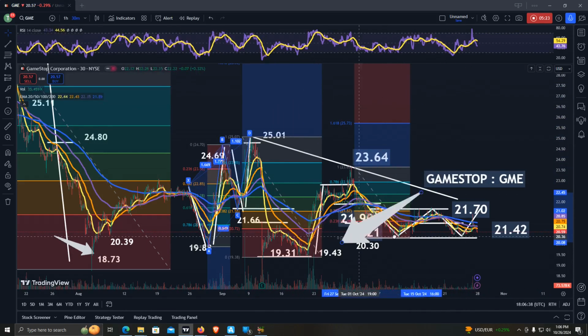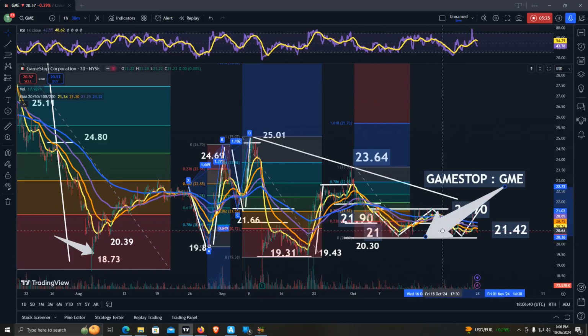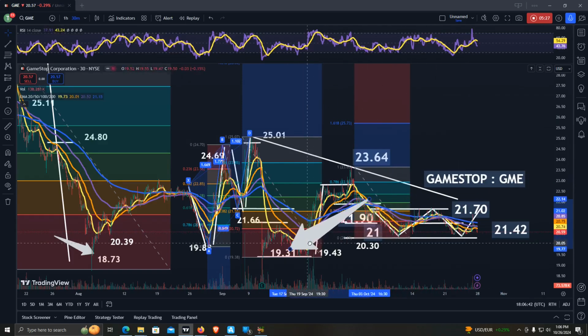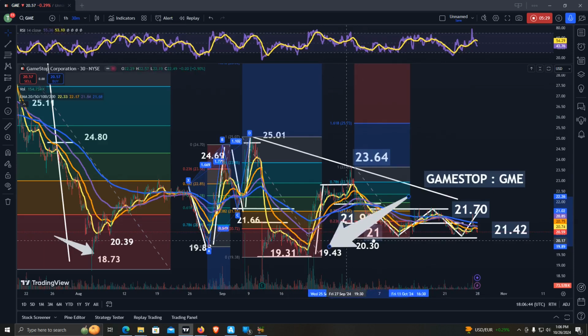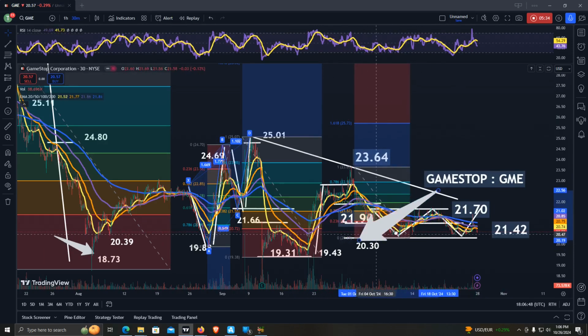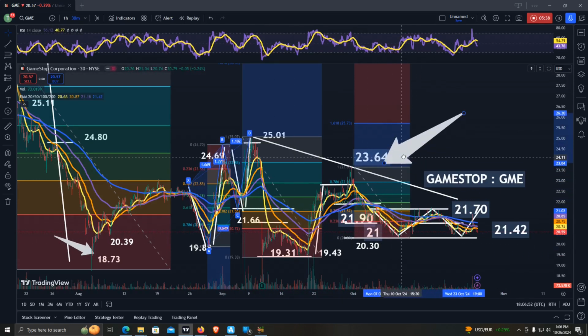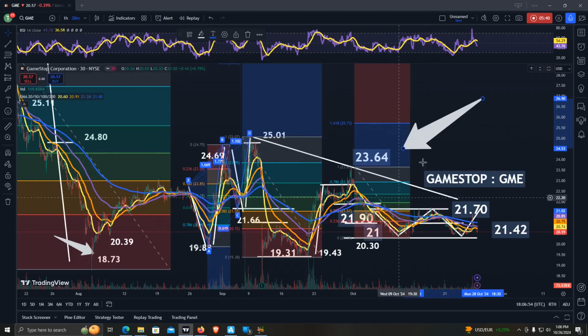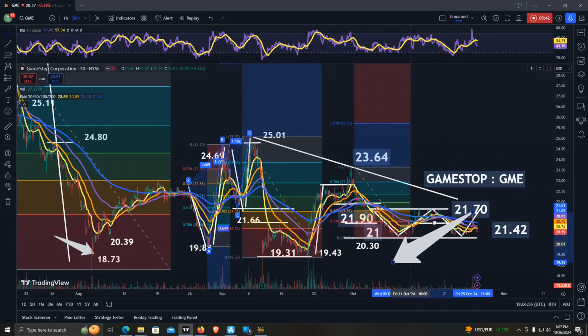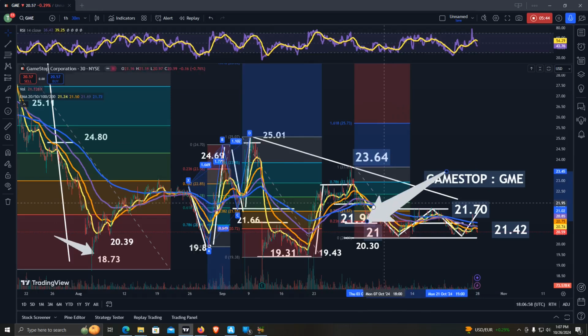You could try to make the argument that the stock is trying to form a base in these lower levels, roughly 1940 to 2040 or so, 2150 maybe you could say. You could try to make the argument that we're basing here, but the real problem that I would have with that argument is that what this looks like to me is a descending triangle.